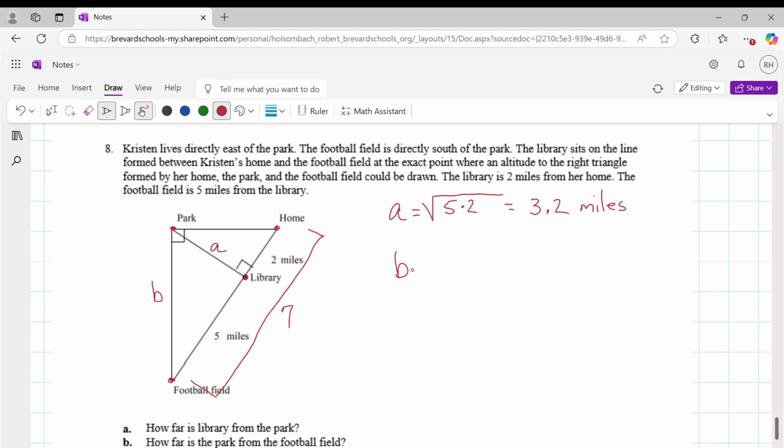So B is equal to the geometric mean of the entire hypotenuse and the segment of the hypotenuse closest to the leg we're trying to find. So 7 times 5. So that's 35, square root button. That's 5.9 miles.